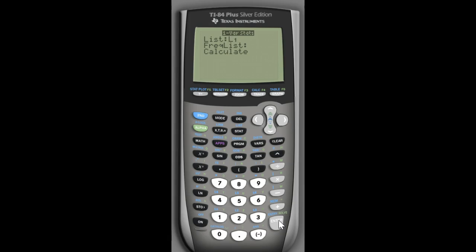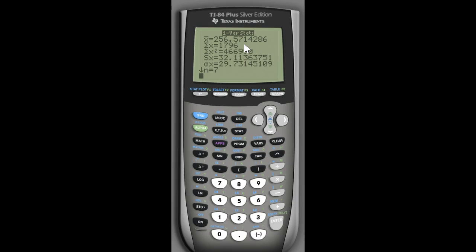My list L1 is already in the list. I'm not using a frequency table, so I'm going to skip the frequency list and just calculate. If I look down here, about the 4th entry down is Sx. That is my standard deviation for my sample, and it tells me that it's approximately 32.1.